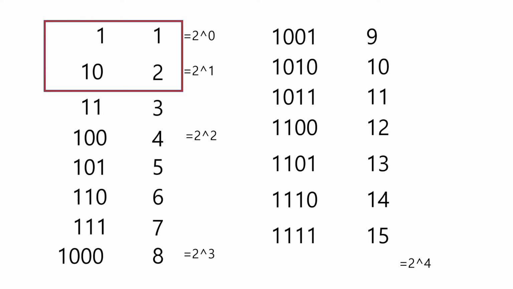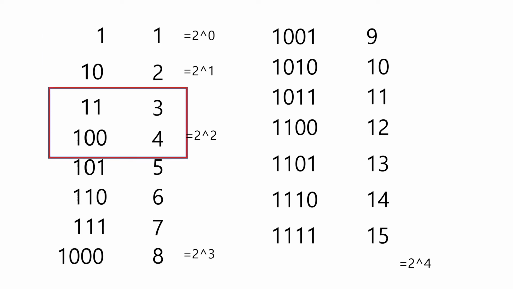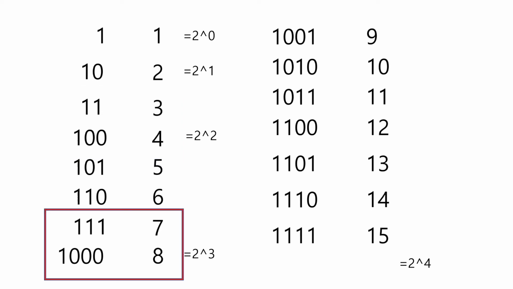Let's see from the first. 1 and 2. 1 has just 1 significant digit, but 2 has 2 significant digits, right? And let's see 3 and 4. 3 has 2, and 4 has 3. And 7 has 3, but 8 has 4.